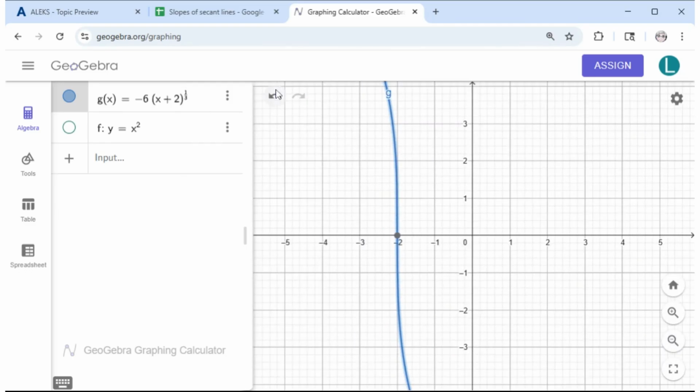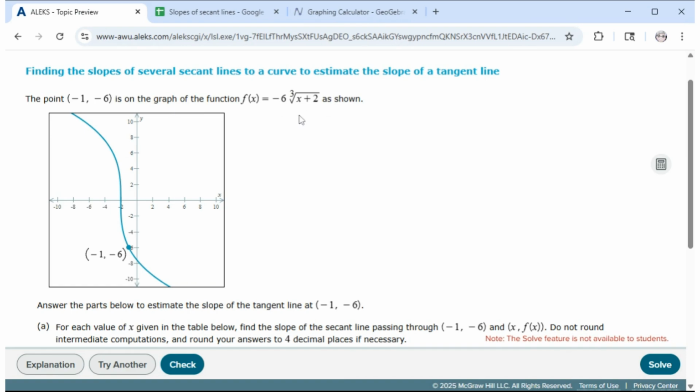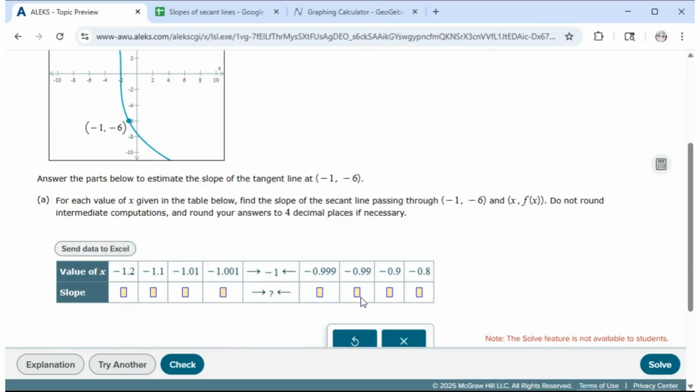Okay, so this is actually -6 times the cube root of x plus 2. I've got it to the 1/3 power because that's how we write it here in GeoGebra. And what the problem is telling us to do is to draw a series of secant lines to that point at -1, where x is -1, that get closer and closer to -1.